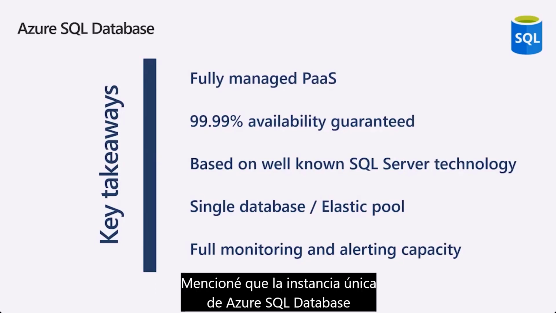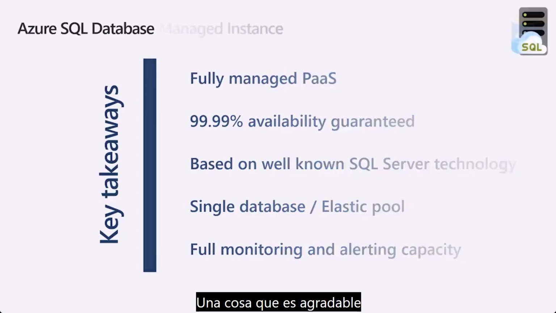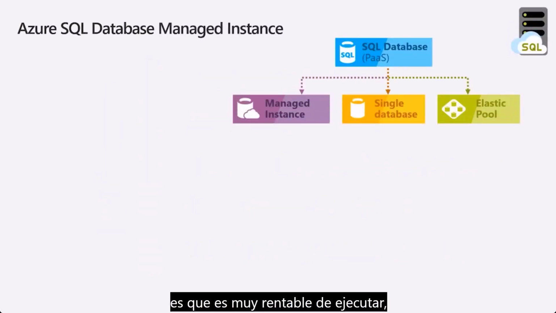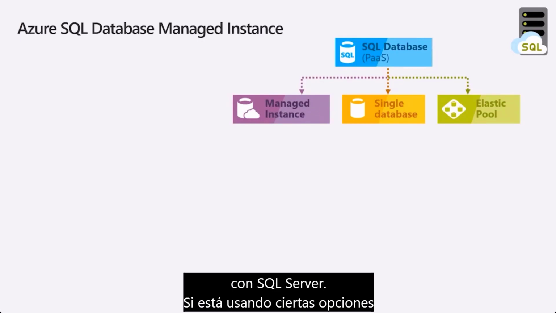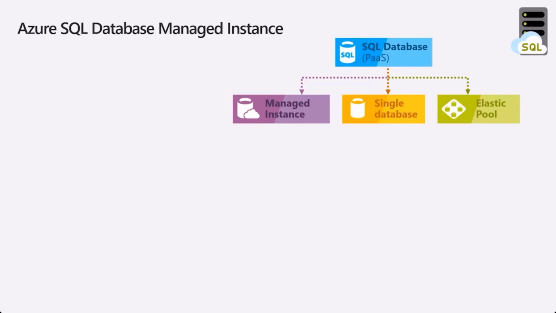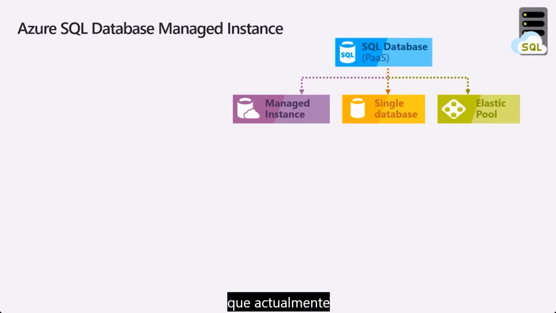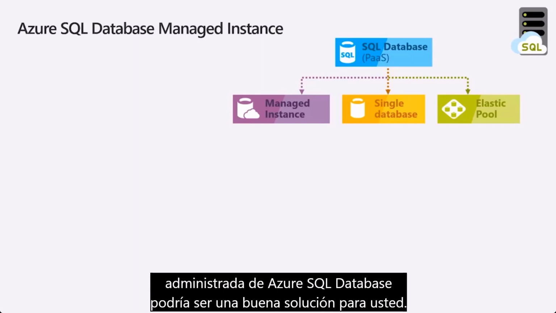Now, I mentioned that Azure SQL Database single instance is based on SQL Server. It's true. One thing which is nice with it is that it is very cost-effective to run, but on the other hand, we don't have 100% capacity with SQL Server. So if you are using certain options of SQL Server, for example, things like compiled CLR or cross-database joins, which are not currently supported on Azure SQL Database, then Azure SQL Database Managed Instance might be a good solution for you.